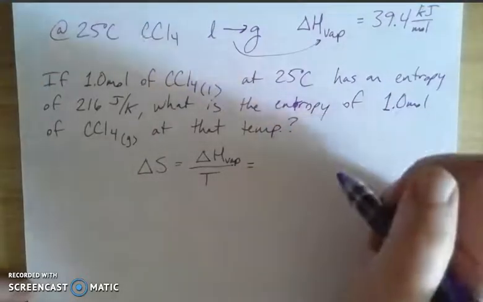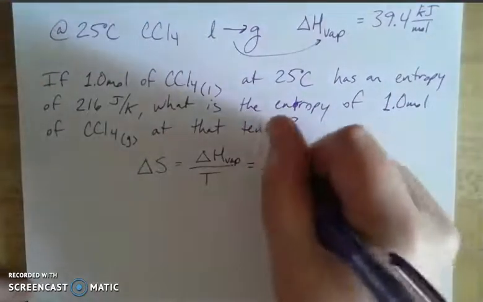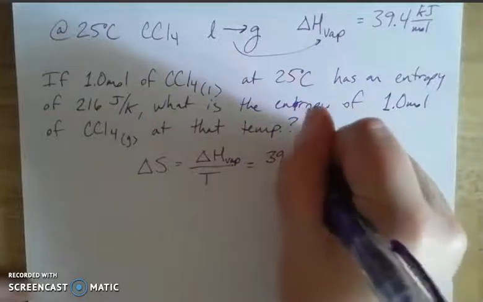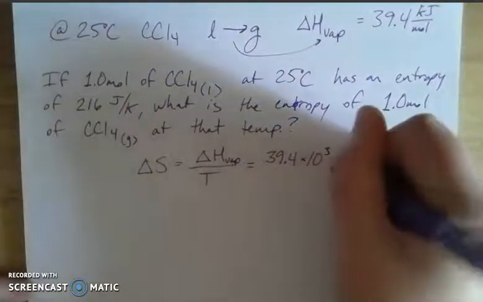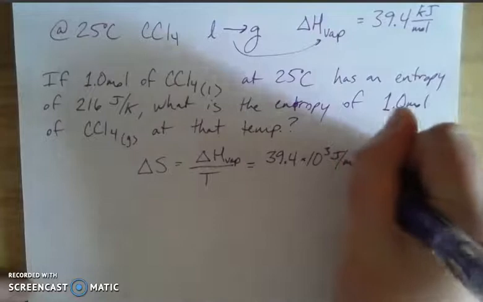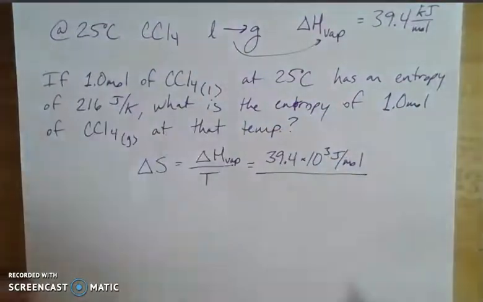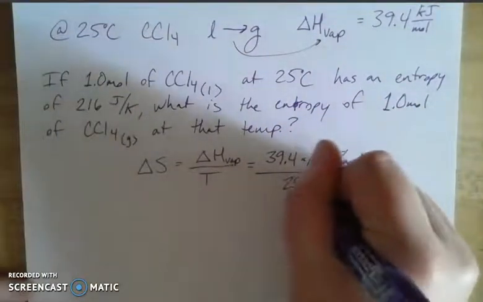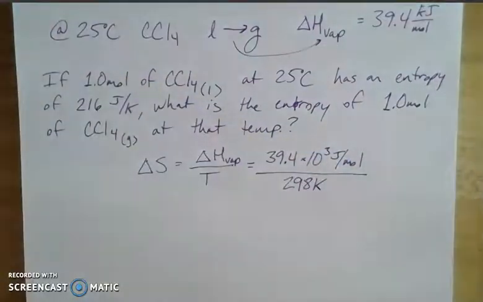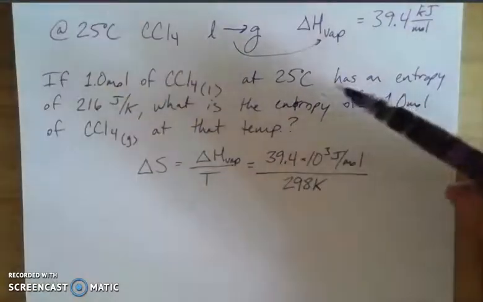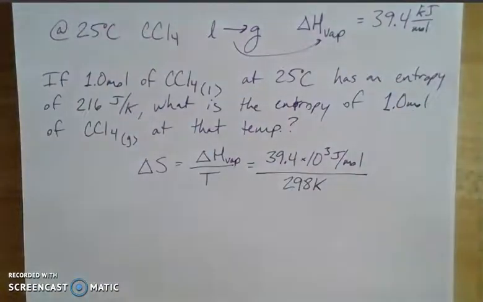I'm going to convert it to joules. It's not pretty, but it'll do. The temperature here I'm converting to Kelvin. So remember, our magic number to convert to Kelvin is 273.15. So I add that to my 25 degrees Celsius. I have to round to the ones place in terms of significant figures.